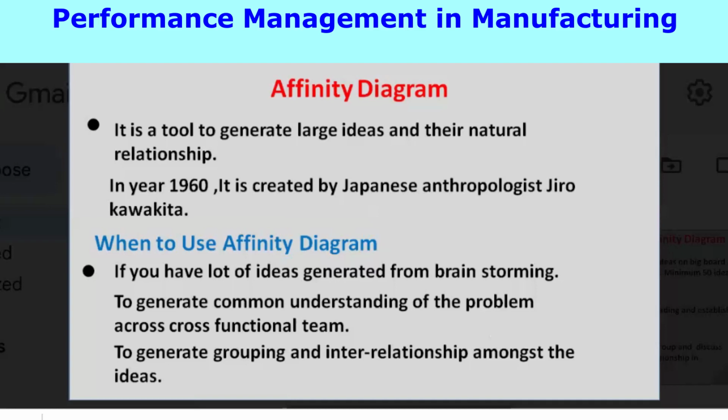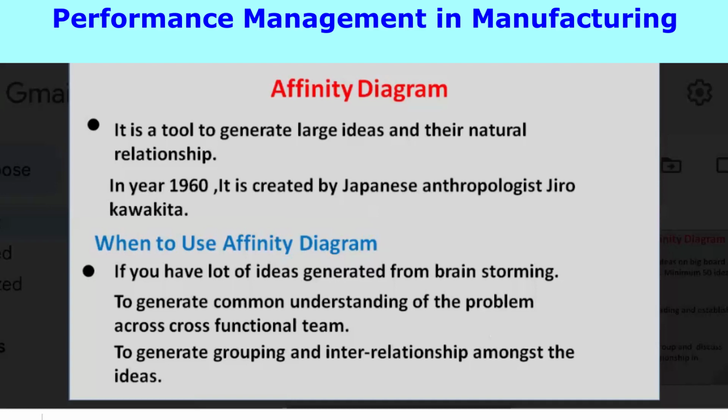If you consider the manufacturing scenario, generally we are facing problems of productivity improvement, quality improvement, in-house rejection, customer complaints, or you may be facing a problem with some specific product, or cost reduction may be the problem.